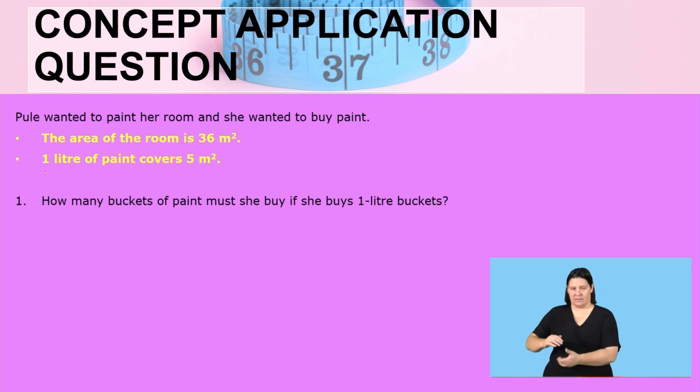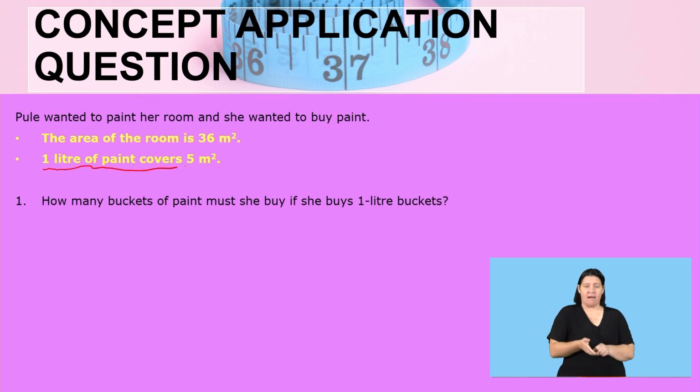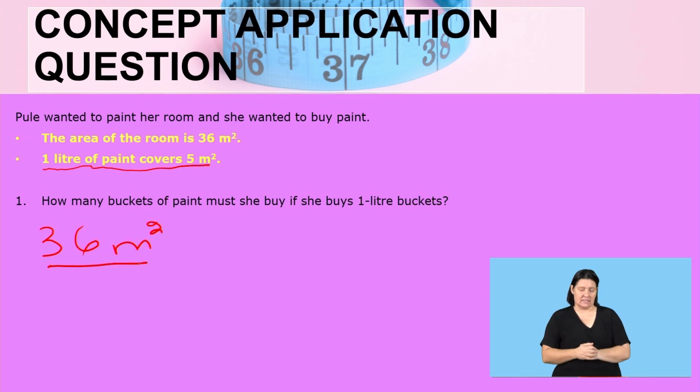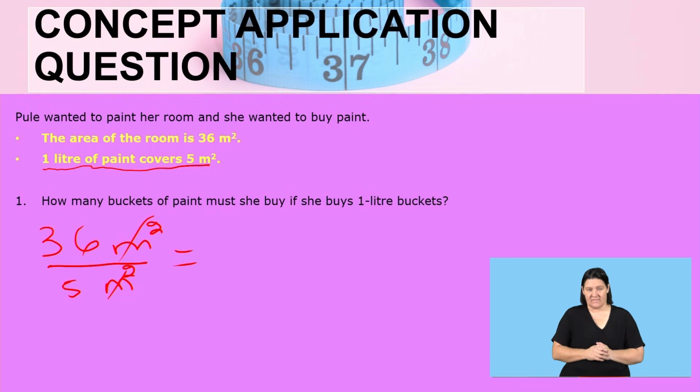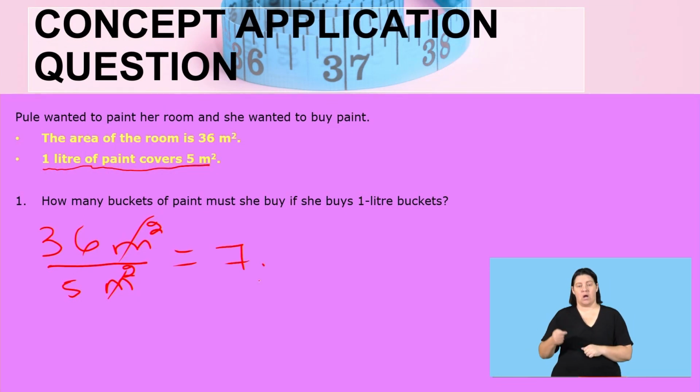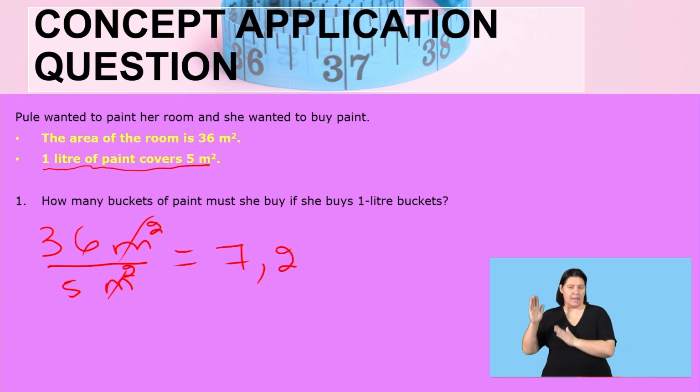We've seen that 1 liter covers 5 square meters, and we have 36 square meters to be painted. So we divide by 5 square meters, so square meter will divide with square meter. Let's calculate together. We take 36, divide it by 5, and we get 7.2.